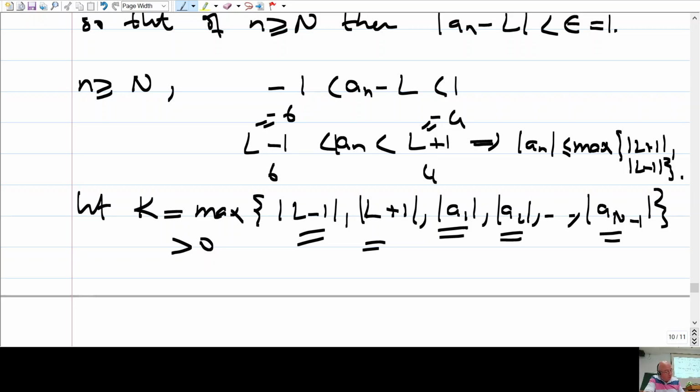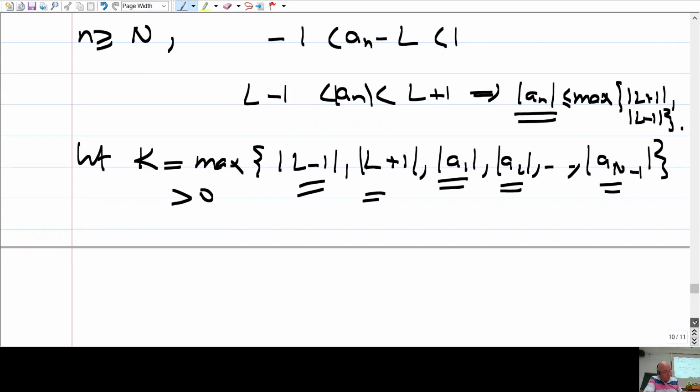So the absolute value of a_n will be less than 6. Okay? So you see, |a_n| is less than this K, the maximum of all these.